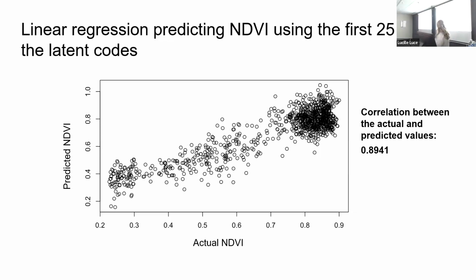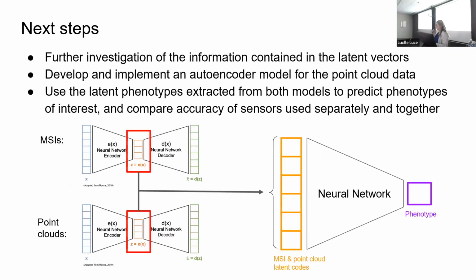So in this figure here, we have the actual NDVI values on the x-axis and the predicted NDVI values on the y-axis. And the correlation between those was 0.89. So this tells us that not only are the latent codes reduced representations of the multispectral images, they also contain biologically relevant information.